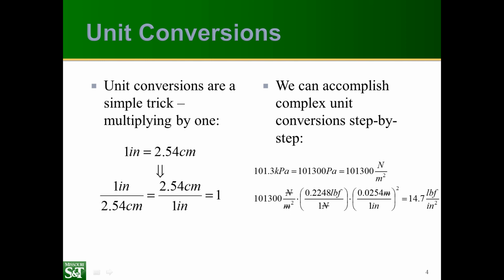And then we multiply by the conversion factor between pounds of force and newtons, and then we take the conversion factor between meters and inches, and then we square it because we have meters squared. And then we can cancel all our units, and we're left with pounds force per inch squared. And if we put all the calculations together, we get 14.7 pounds per square inch, or psi. So this gives us atmospheric pressure. It's 101.3 kilopascals, but it's also 14.7 pounds per square inch.